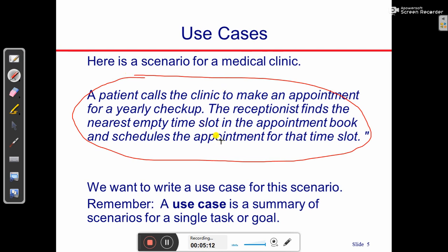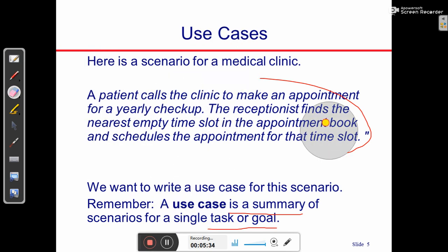That is the only goal or only task. But it is about what the system will do, not about how. So a use case is a summary. The use case will depict that summary of this scenario for a single task or goal. So we'll see the example very briefly.